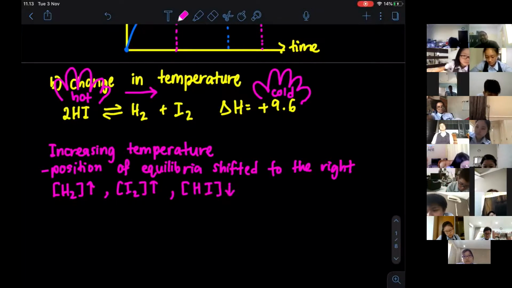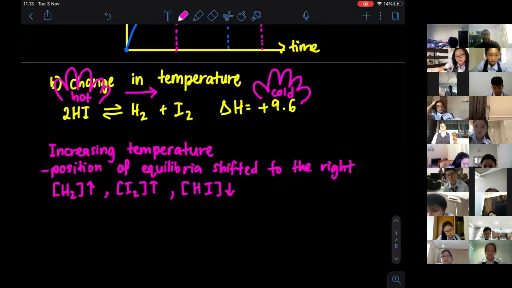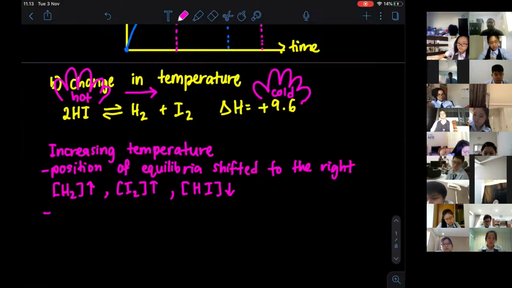Do we write this in your exam? When you write this in your exam, I want you to add one more term. Based on past year papers' marking scheme, whenever it involves temperature, they don't want you to say position shifted to the left or to the right.